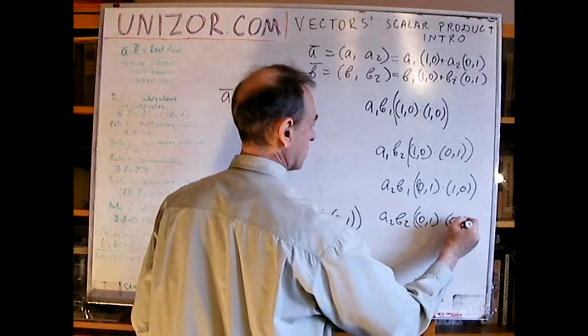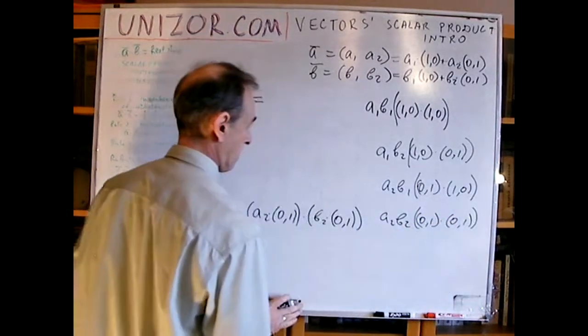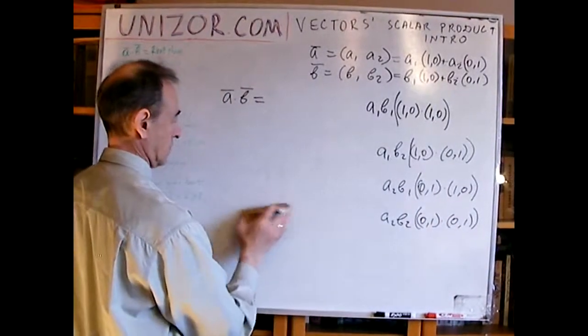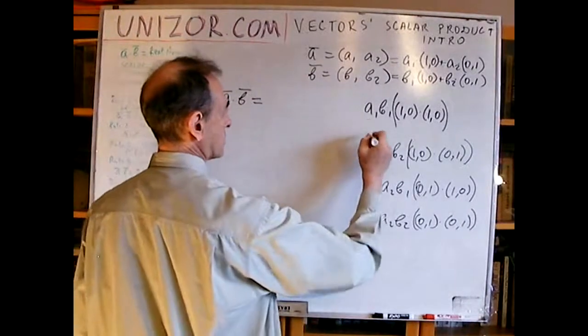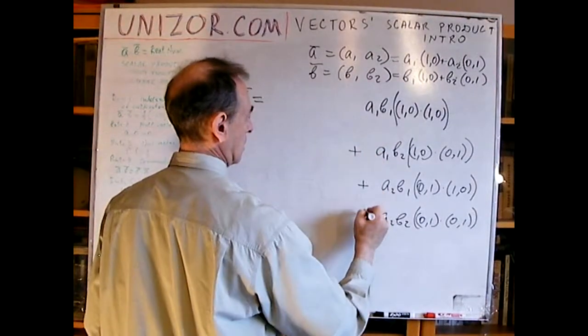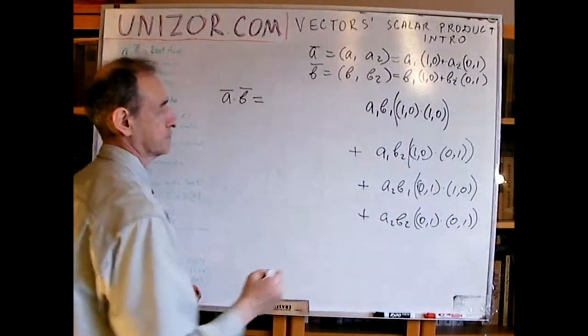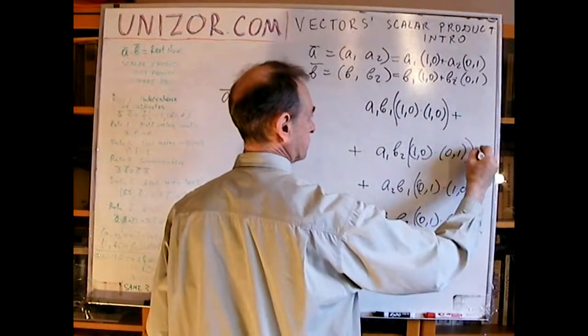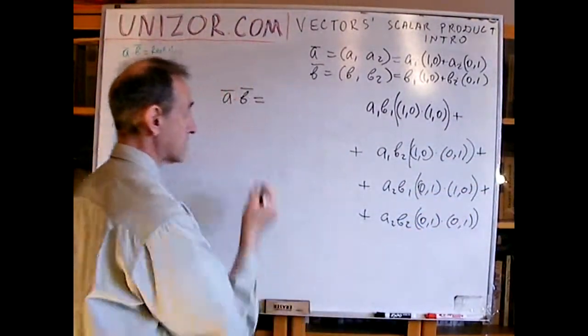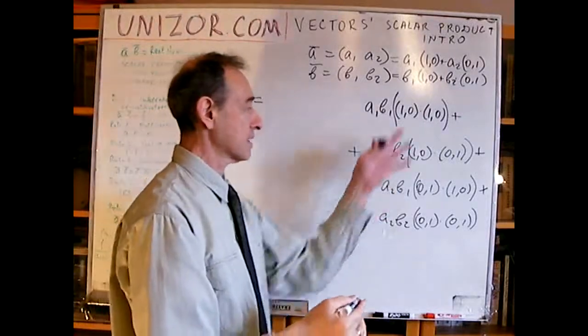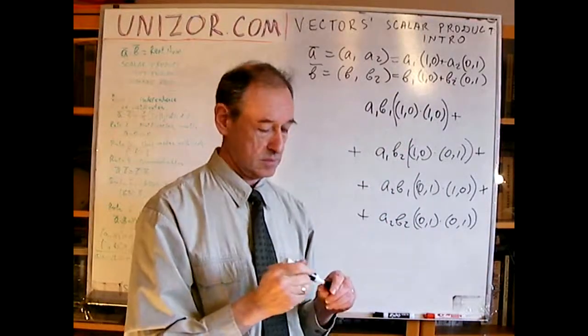Scalar product (0, 1). And this is the sum, all of them. Okay. So that's our scalar product represented in this particular form.